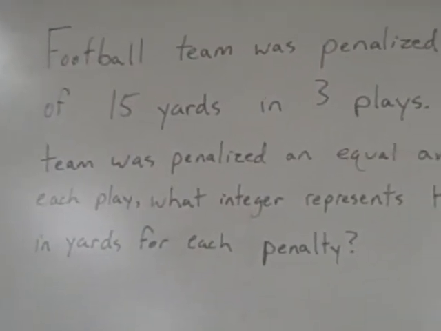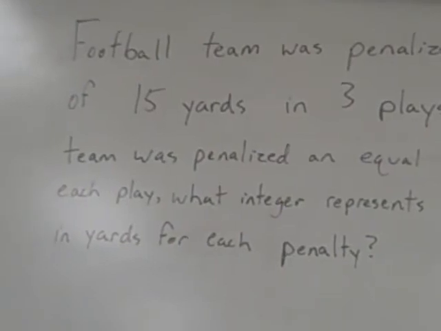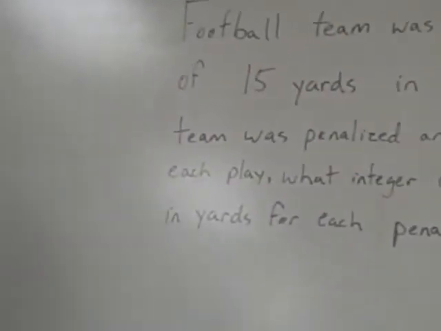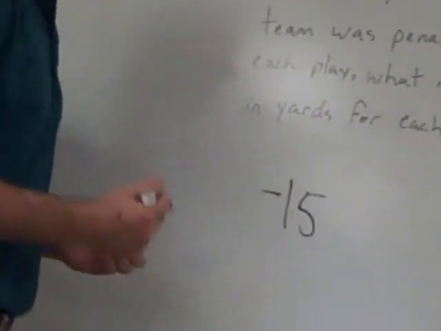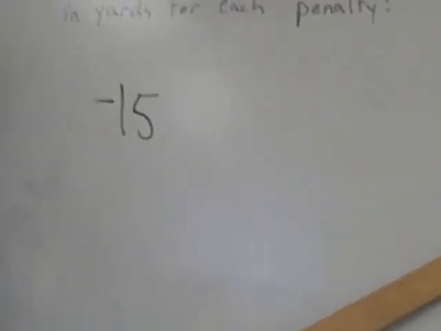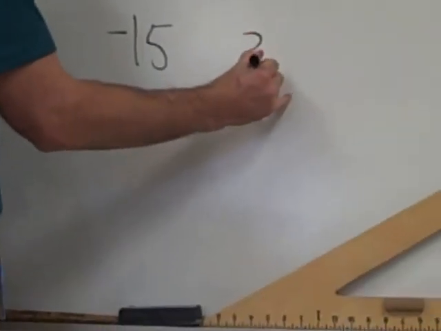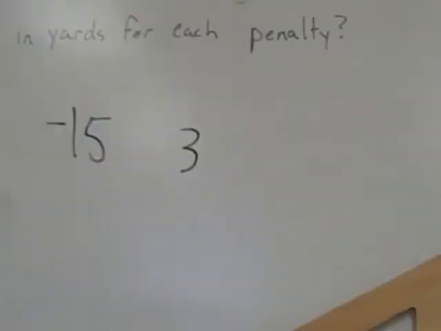Okay, how would we represent those 15 yards that we were penalized as an integer? Negative 15. Why is it negative? Because you were penalized, and we know in football that means you're going backwards. And then there's 3 plays, so I know 3 is going to be in there. So what's left? Divide, right?